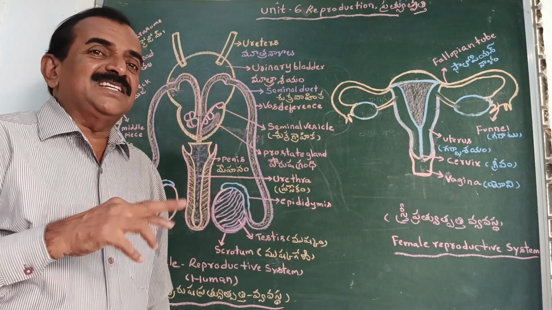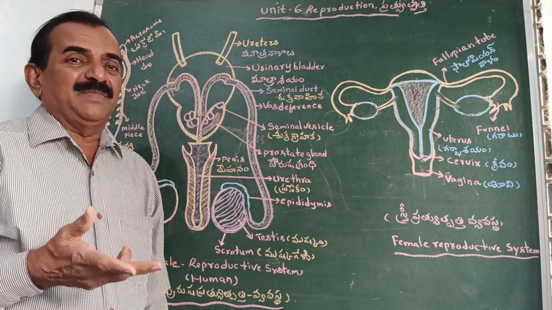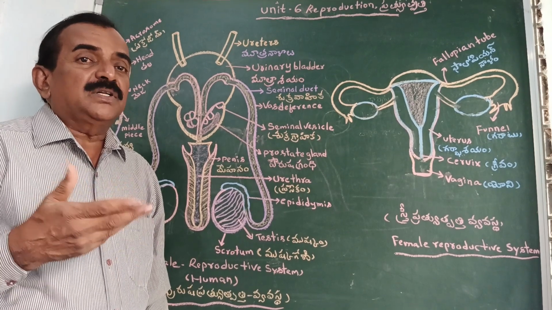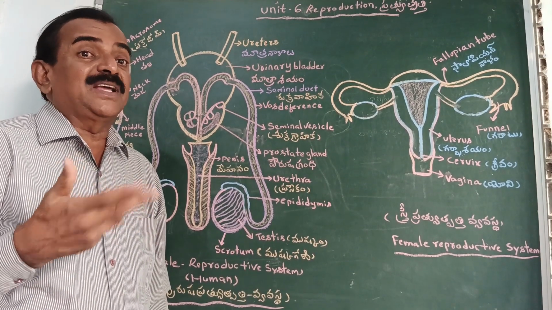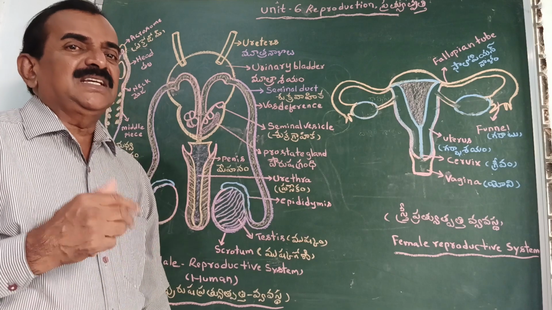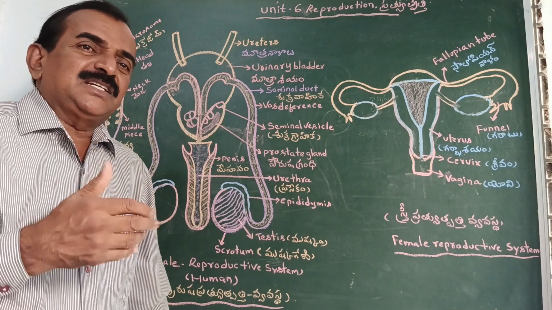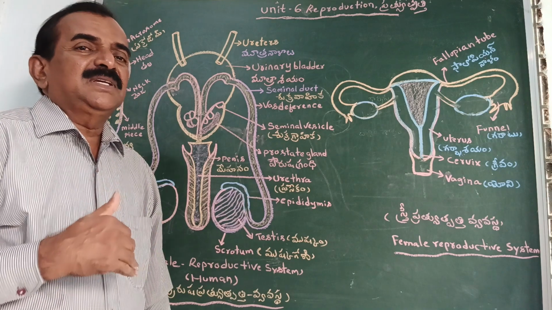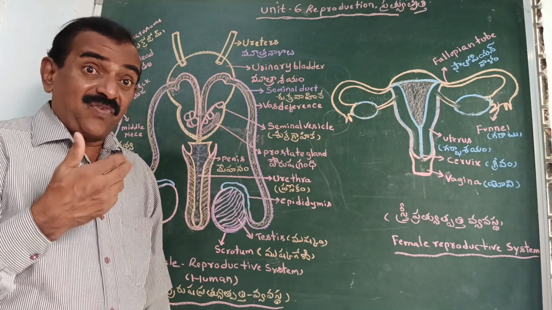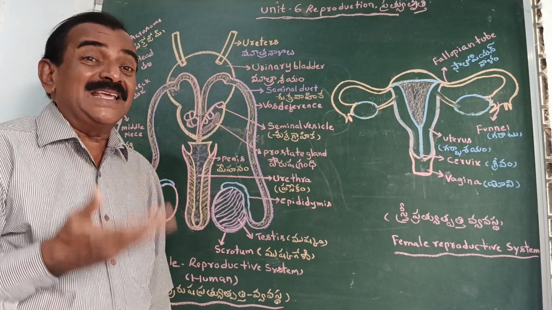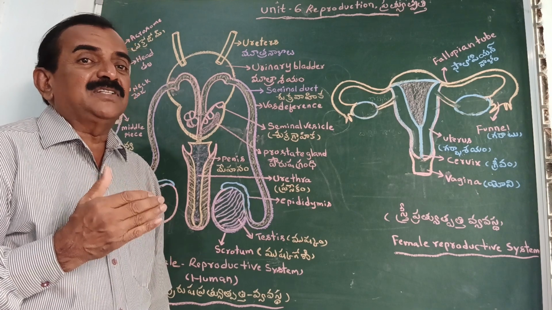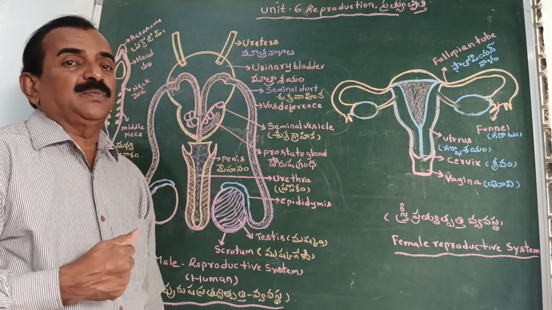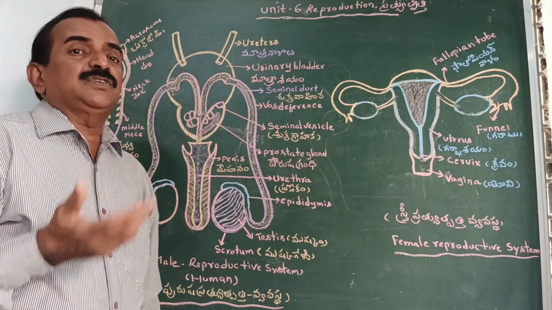A single parent, without fusion of gametes, can give birth to a young one, and that process is called asexual reproduction. We can observe asexual reproduction in amoeba, paramecium, yeast cells, flatworms, and also planarians. So these animals perform asexual reproduction.